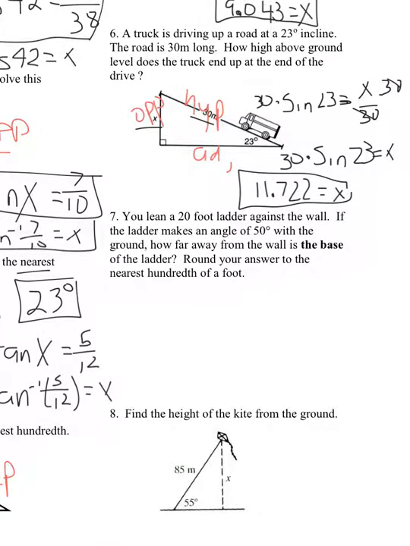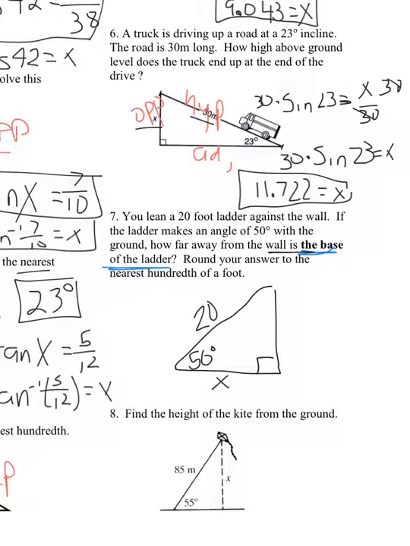Number 7. You lean a 20-foot ladder against the wall. If the ladder makes an angle of 50 degrees with the ground, how far away from the wall is the base? So questions like this, very important to read them, because sometimes they give you a situation we've seen before. The ladder on the wall is something we've seen fairly often, but it's what they're asking for that might be a little bit different. So basically sets up like this. This being the hypotenuse being your ladder, so that's 20 feet. The angle with the ground is 50 degrees. Now, it's not how high up the wall, it's how far away from the wall is the base.